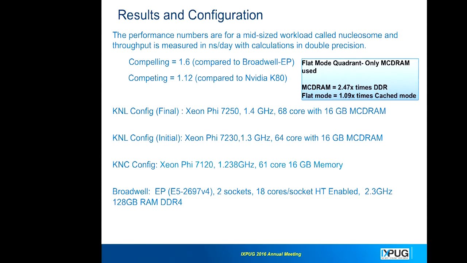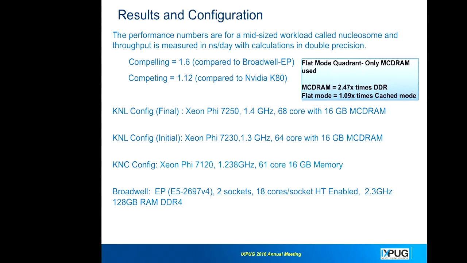In double precision performance, we are better. But when we go to single precision, NVIDIA has one advantage: its single precision performance is 4 times that of double precision, while Intel only gives 2x. So there is a drawback. When we say computing, it is for double precision, not single precision.